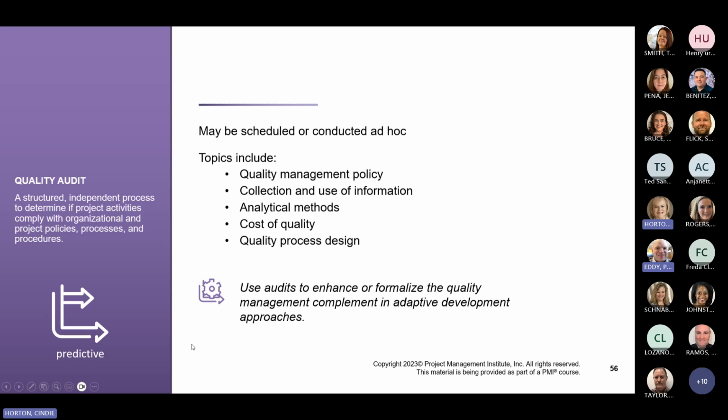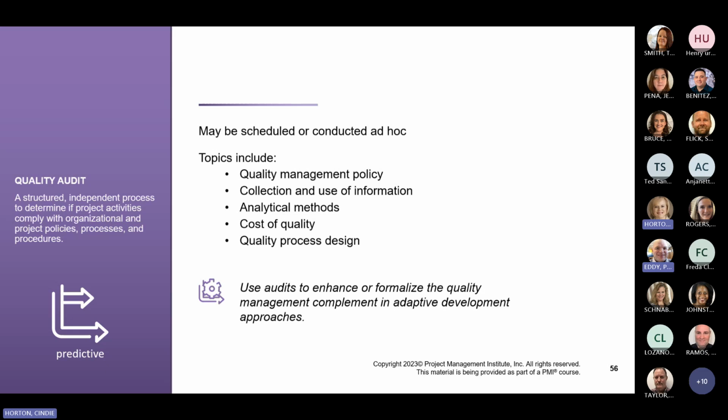So a quality audit is a structured, independent process to determine if project activities comply with organizational and project policies, processes, and procedures. An audit can be conducted regularly on a schedule or in an ad hoc fashion with the objective to improve quality performance of a project.